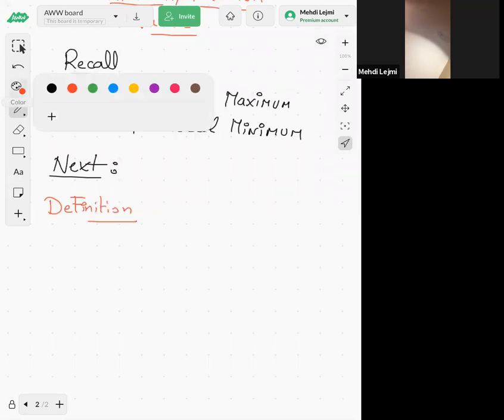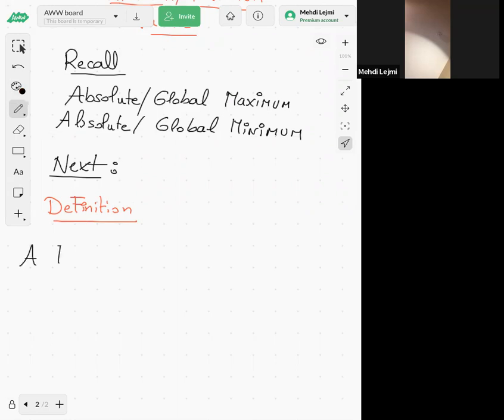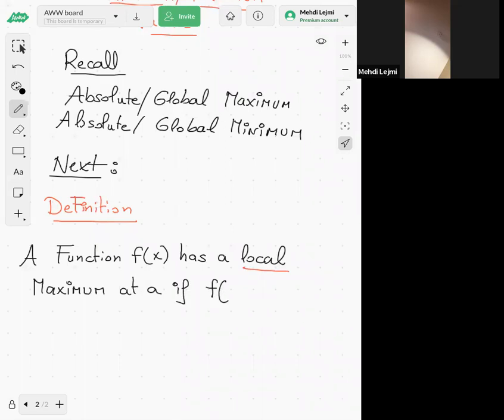A function f of x has a local maximum at a if f of a is larger or equal than f of x for any x close to a, in the neighborhood of a.